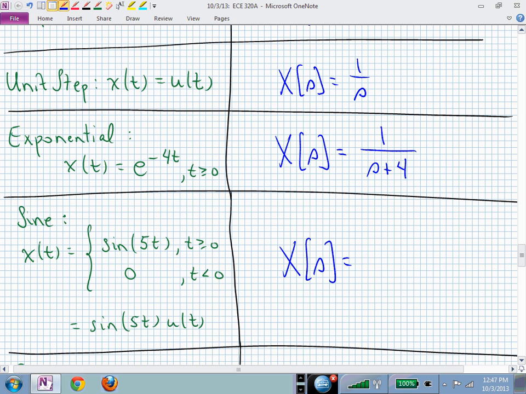Do you remember what the Laplace transform of the sine wave was? Okay, it's omega over s squared plus omega squared. What's omega in this example? 5. So now we have 5 over s squared plus 5 squared.